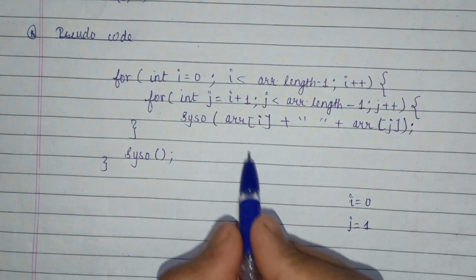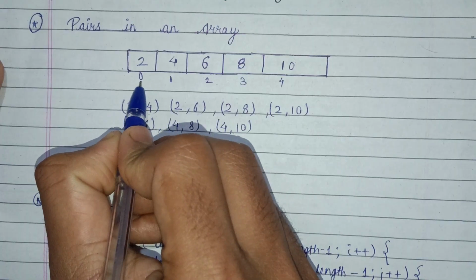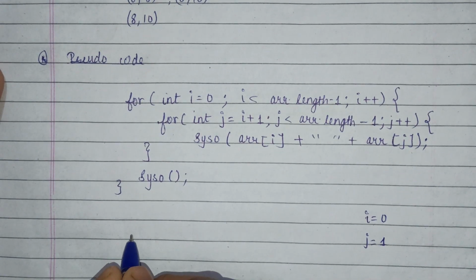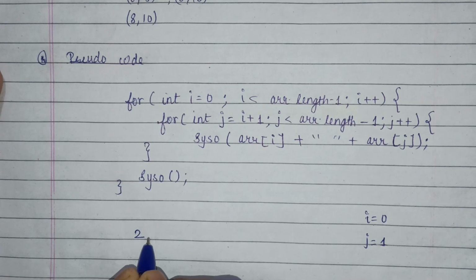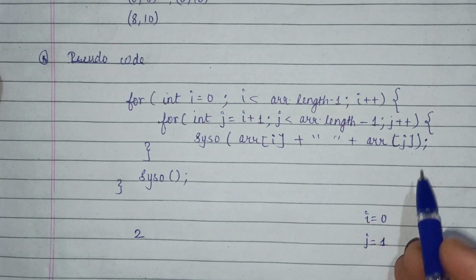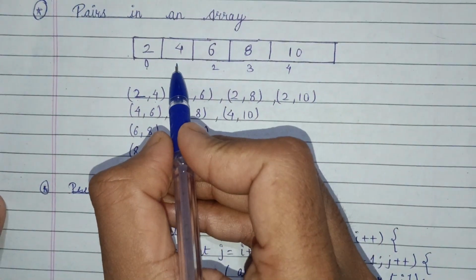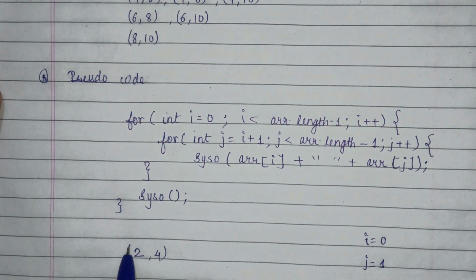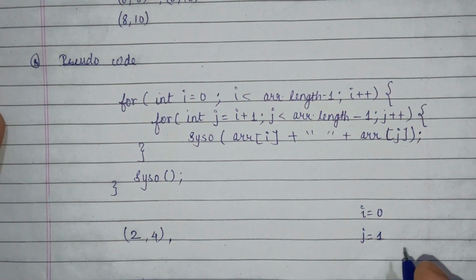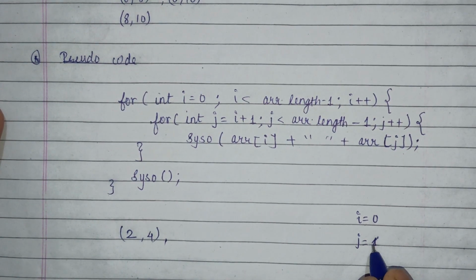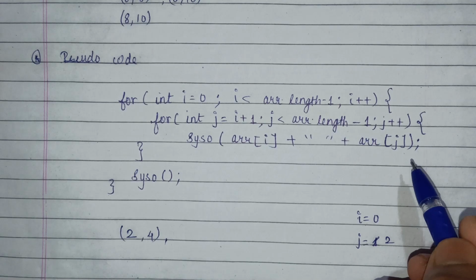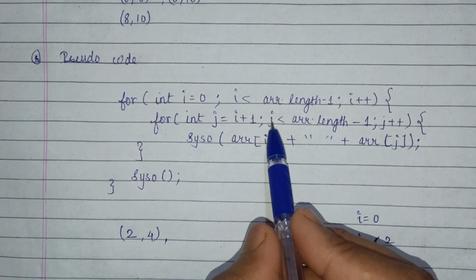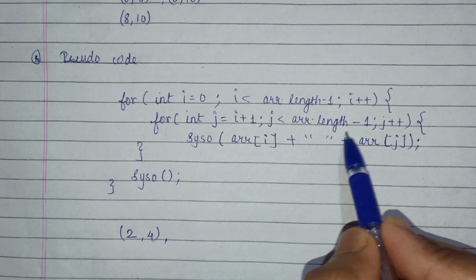Array of 0 is 2. Okay, so it will print 2, and array of j means array of 1, it is 4, so it will print 4. Okay, it will get updated. Now j value has become 2, and now it will check the condition, is 2 less than array length.